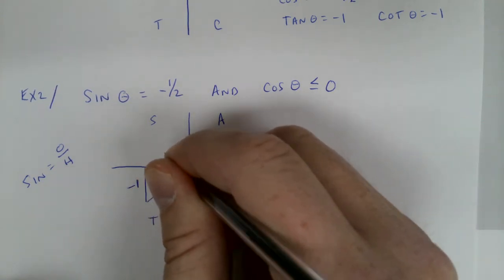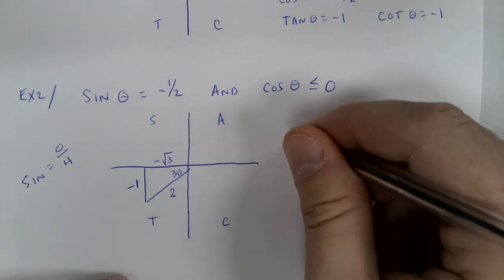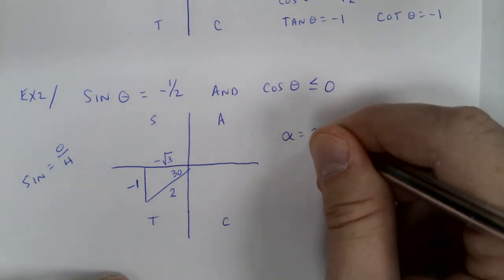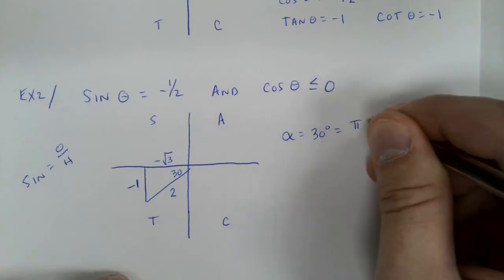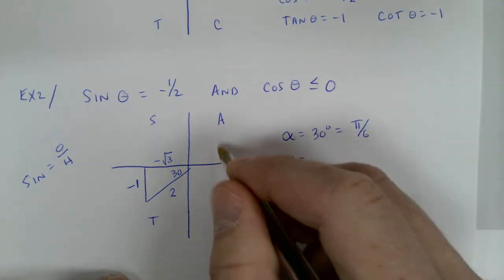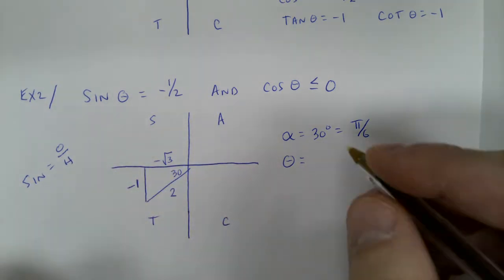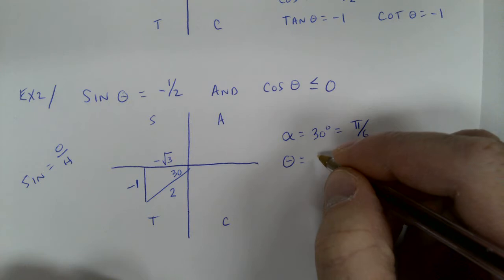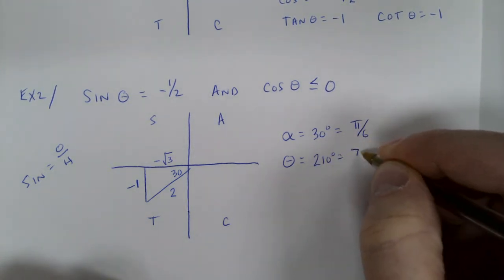This is going to be negative radical 3. Again, if I identify alpha, we know it is 30 degrees or pi 6. And that would make theta, as we go all the way around, pi plus another pi 6. So that's going to be 210 degrees or 7 pi 6.